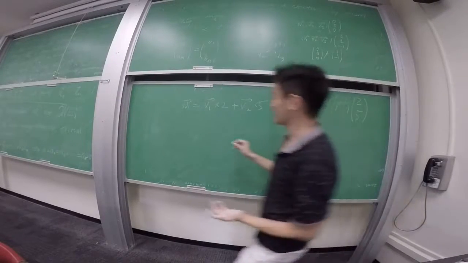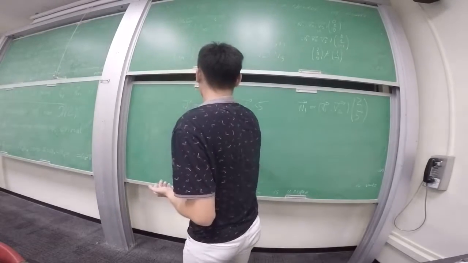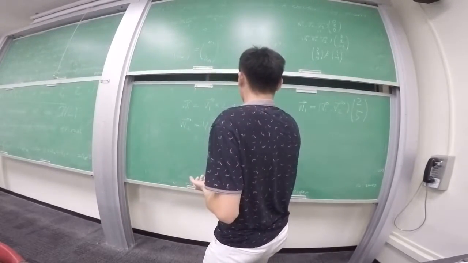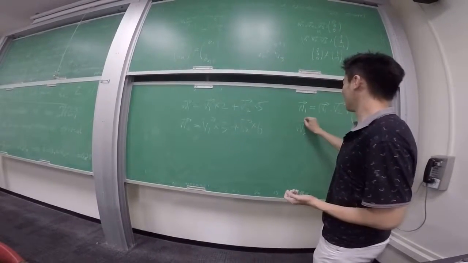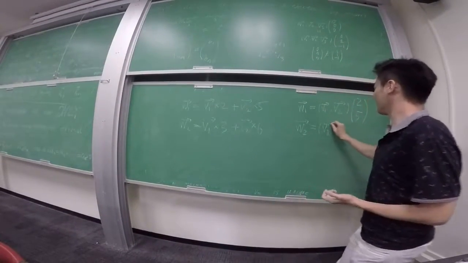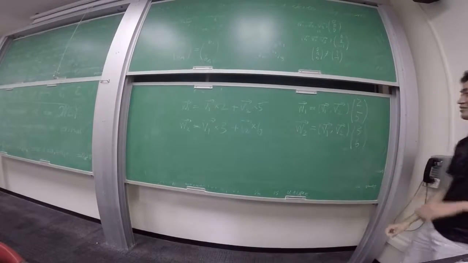And suppose I have two vectors. W2 is equal to V1 multiplied by 3 plus V2 multiplied by 6. Then you can write W2 is equal to V1, V2 times 3, 6, right?